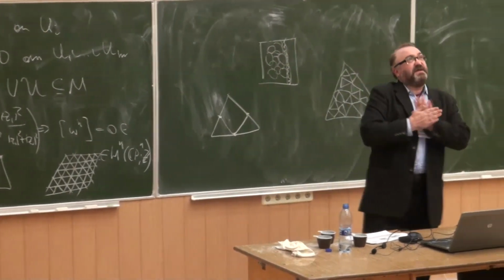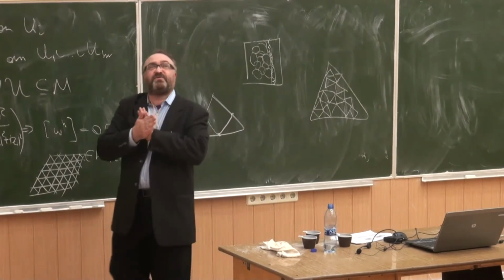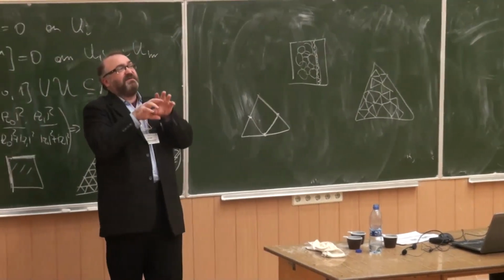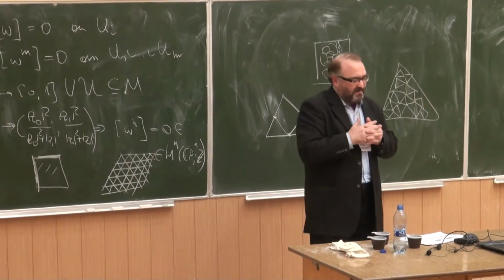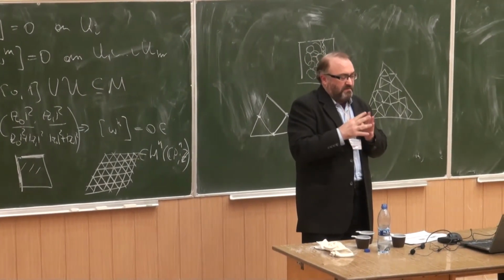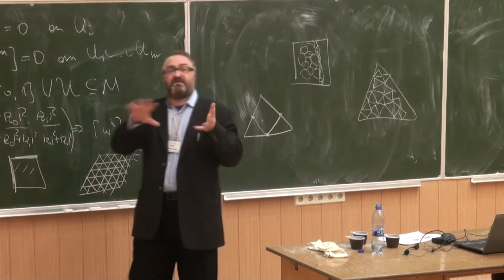But in topological terms, it would be said that two triangulations are the same from the combinatorial standpoint if they are homeomorphic in the topological sense.